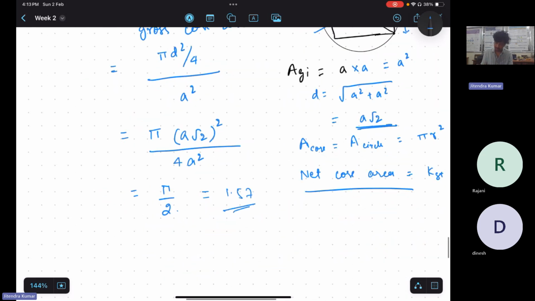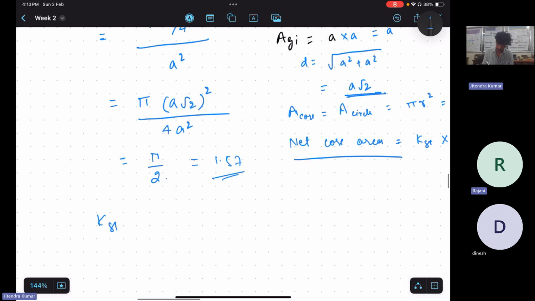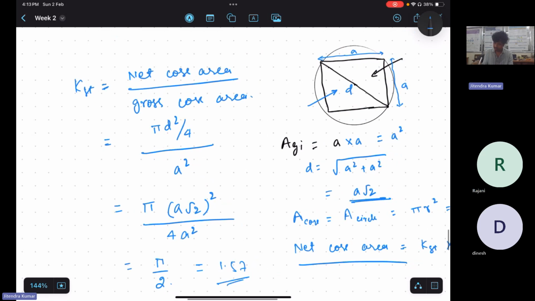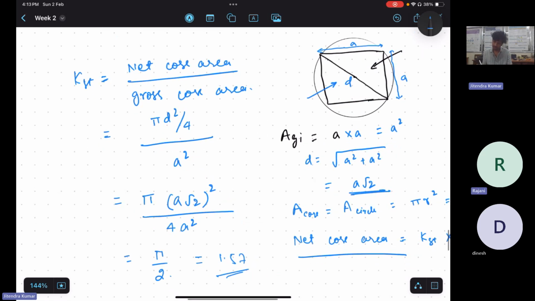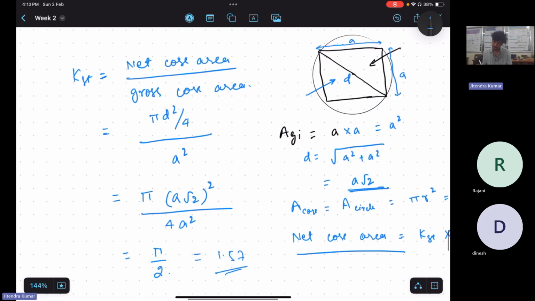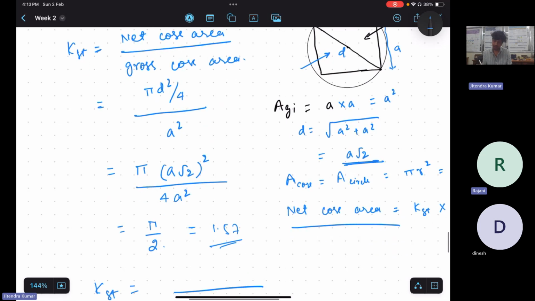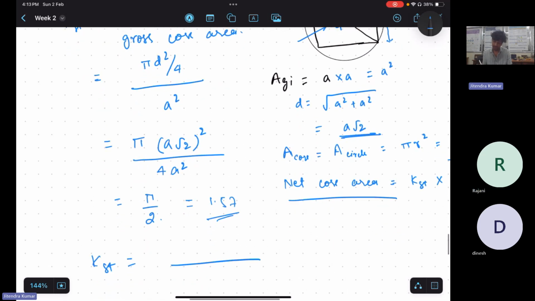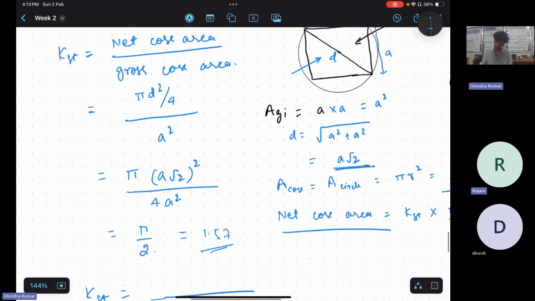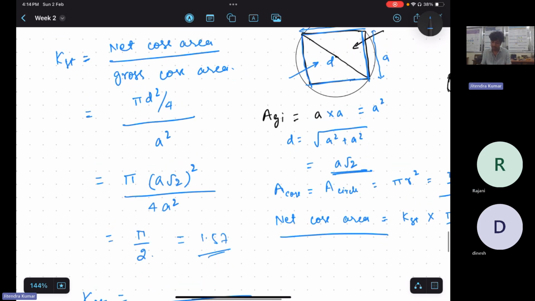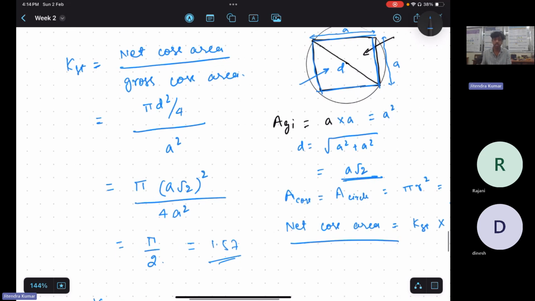Okay, let us solve in terms of D. The stacking factor is equal to gross sectional area over net. We have interchanged the terms here apparently. Gross is nothing but the rectangular, and net is nothing but the circular.